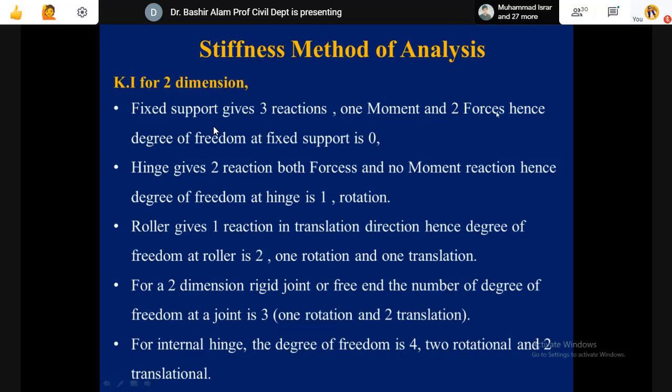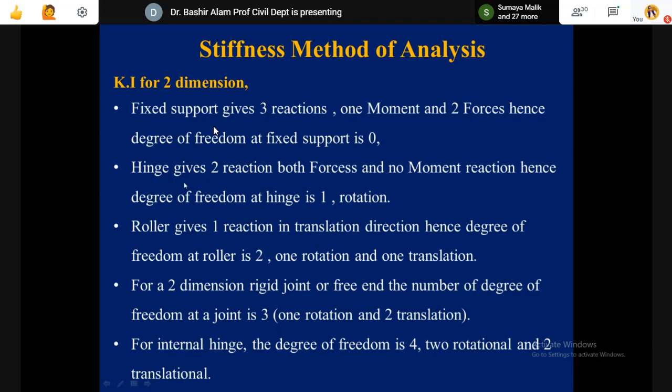And when it has two forces, horizontal and vertical, it means it is not allowing horizontal and vertical translations. We don't have any translations, we don't have any rotation, so the degree of freedom of a fixed support is zero. It is not allowing any kind of displacement, so it is kinematically determinate. Degree of kinematic indeterminacy is zero.